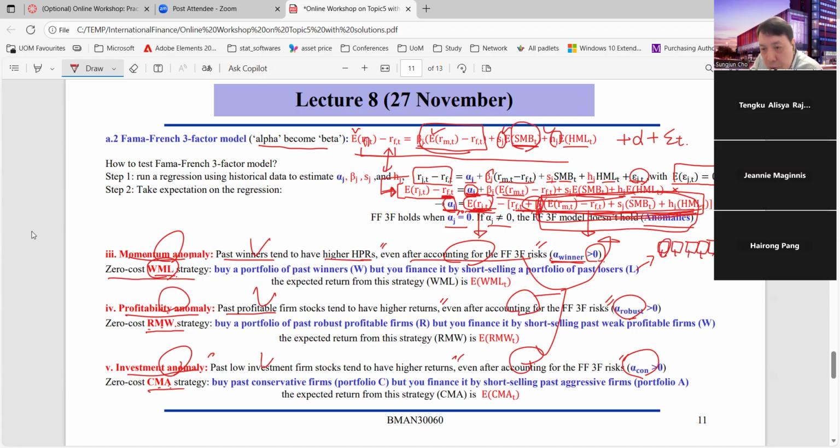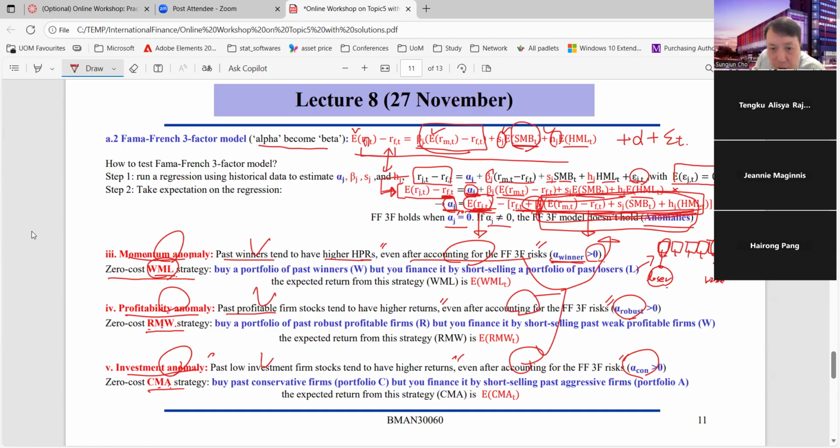And let's say the first one is the 20 stocks with the lowest past performance. So this is the loser. And let's say the final one is the group of 20 stocks with the highest past return performance. So this is the winner. Then you're gonna buy the winner portfolio and you're gonna finance it by short selling the loser portfolio, right?